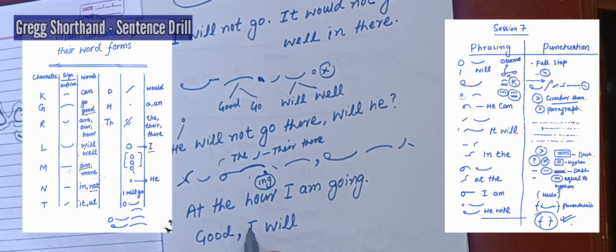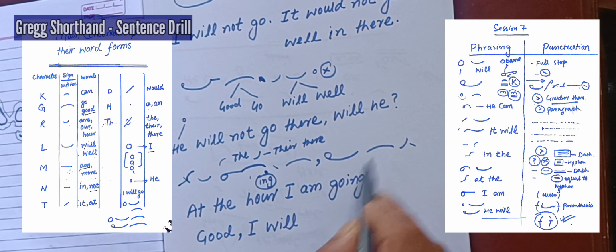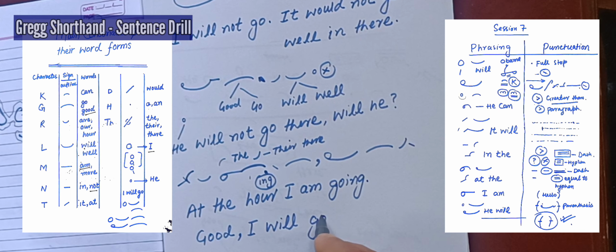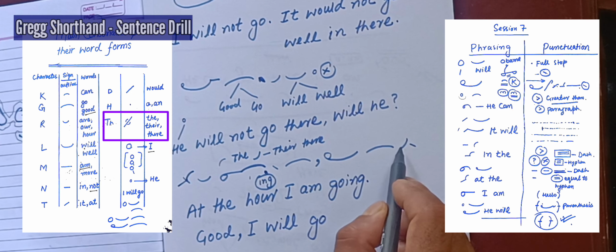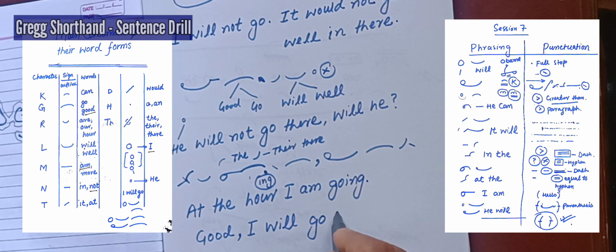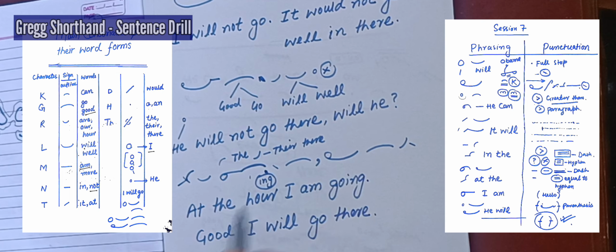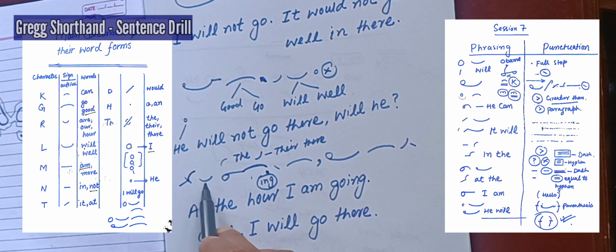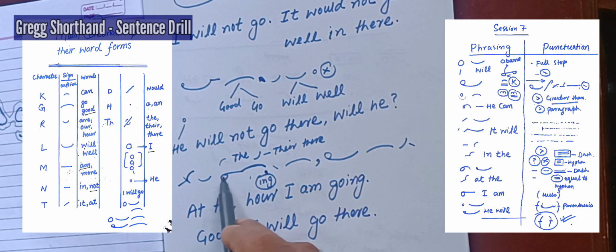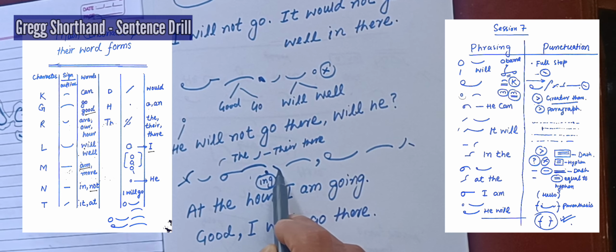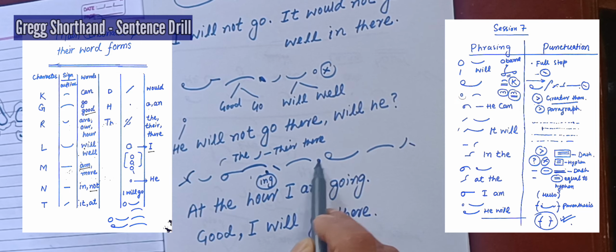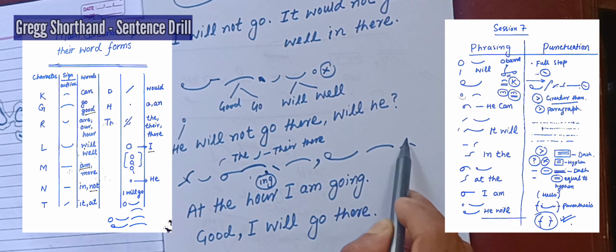So I will, not I will. I will go. I will go. Then we have this one. This can either mean there, THERE there, or THEIR there. So I will go there. So now we have decoded this. I'll read it again. At the hour, I am going, then period, good, comma, I will go there.